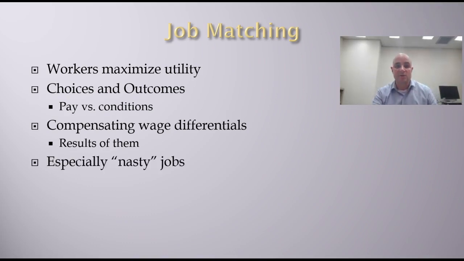Now, some jobs are especially nasty. Jobs that are very dangerous and very unpleasant. Coal mining, deep sea diving, police, firefighters. There's a lot of risk with these. Now, there are two ways to get people for these. You can either force people to do these, such as with the military draft, or you can induce them to do it voluntarily by incentives or compensating wage differentials. So you pay them more in order to do it.